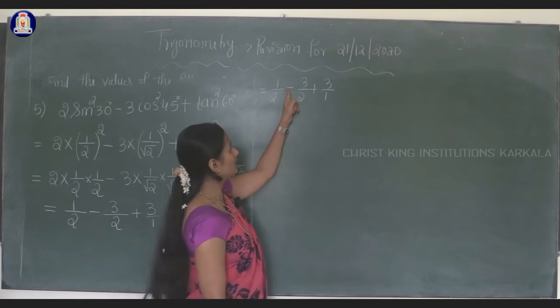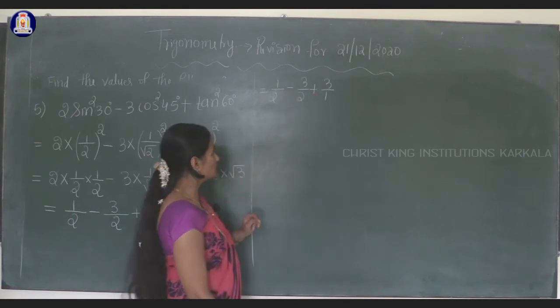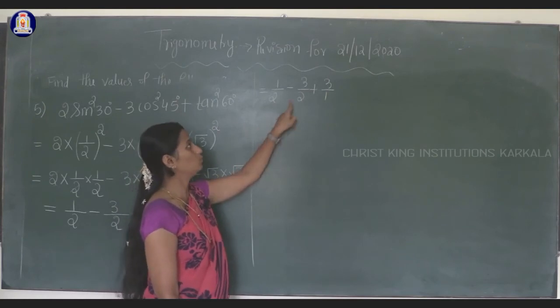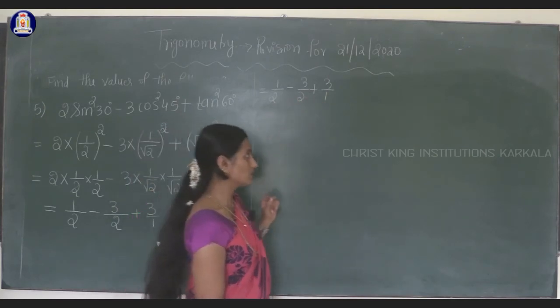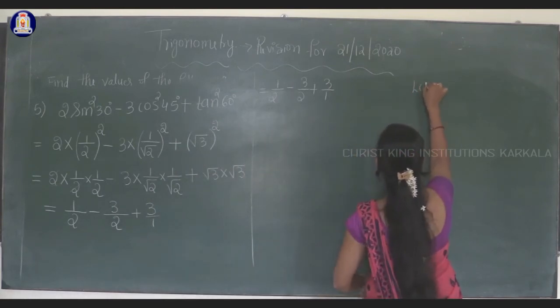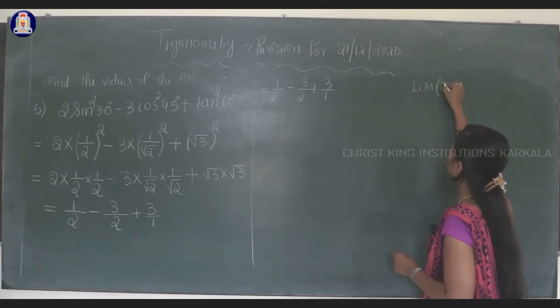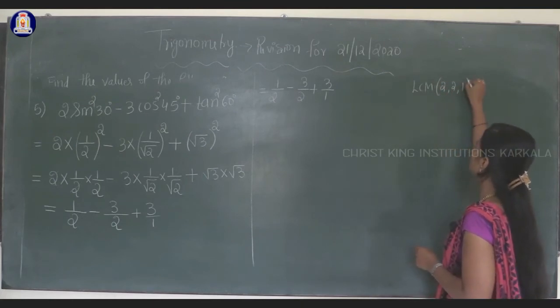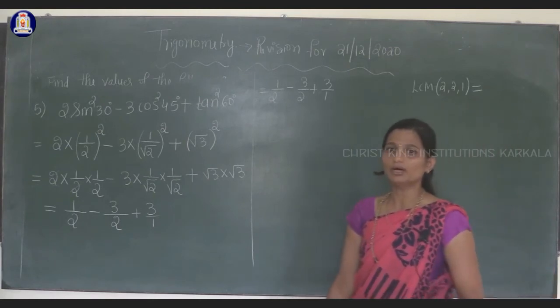So now here it is addition or subtraction. The denominators are what? 2, 2 and 1. They are different, correct? So that's why now take the LCM of 2, 2, 1.